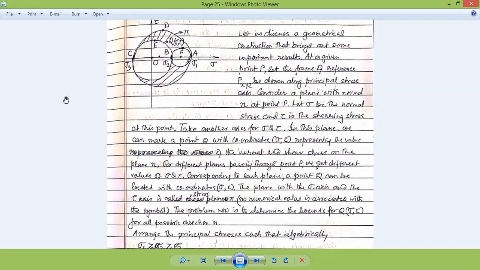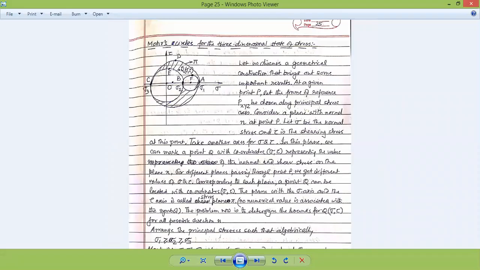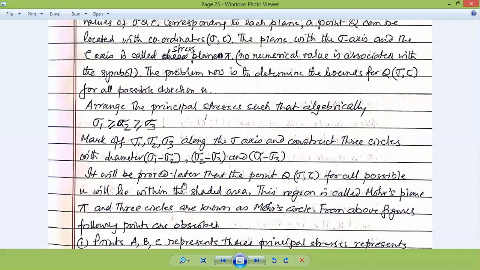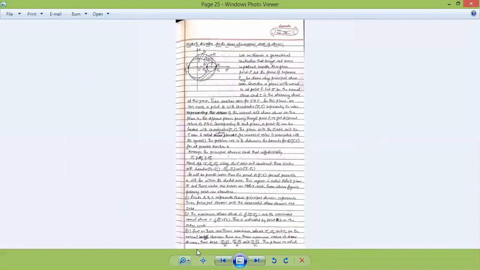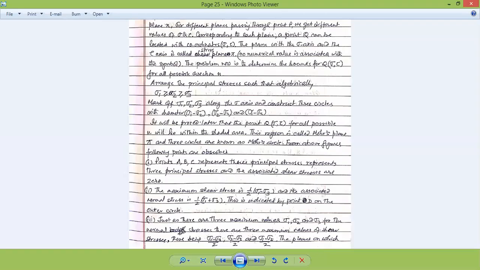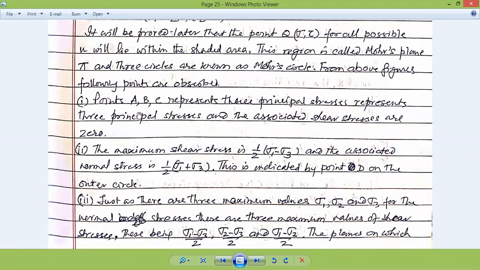Now, as there are three maximum values, A, B, C represent the three principal stresses along three principal planes. Associated shear stresses are 0.